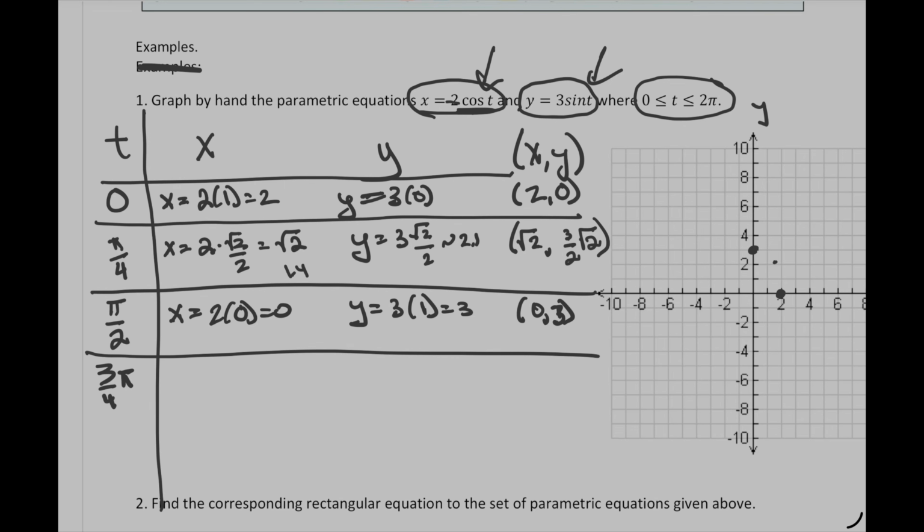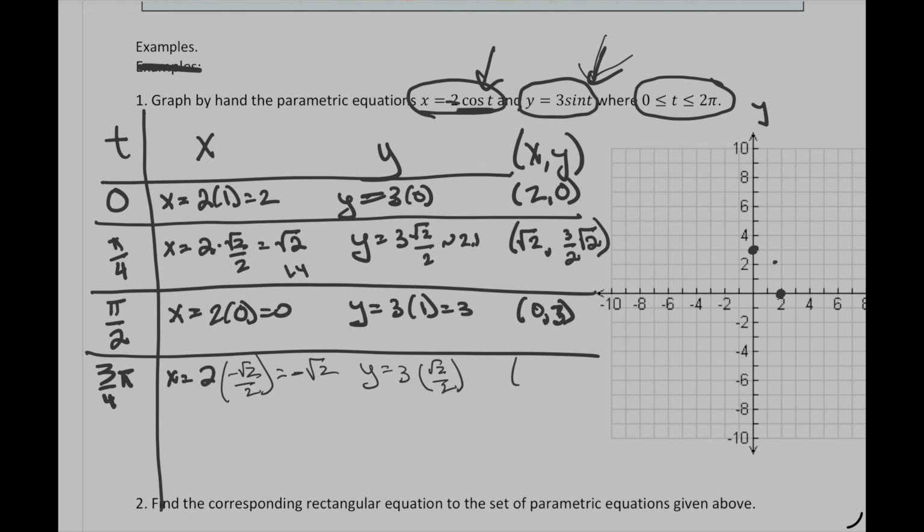Let's just go a couple more. 3/4 pi. X is going to equal 2 times a negative root 2 over 2. So we're going to get negative root 2. Y is going to equal 3 times sine of 3 pi over 4, which is root 2 over 2.